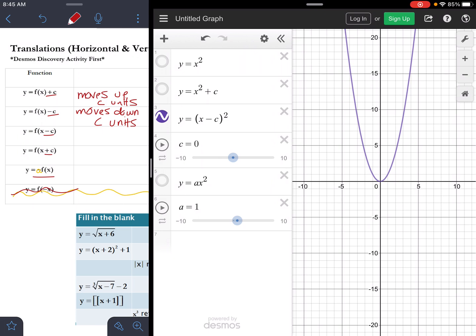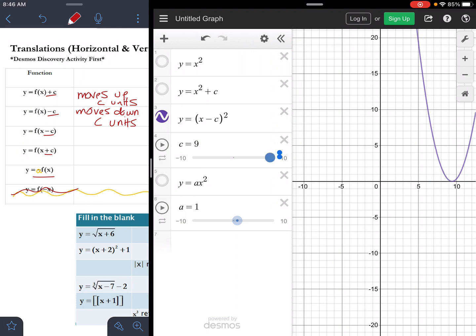So notice it's right at 0, 0. What if I shift that inside? So notice I have x minus c on the inside. If I plug in a positive number there, like x minus 2, x minus 3, what's happening? Notice, this represents x minus 10 squared. Where am I shifted? I shifted right 10.